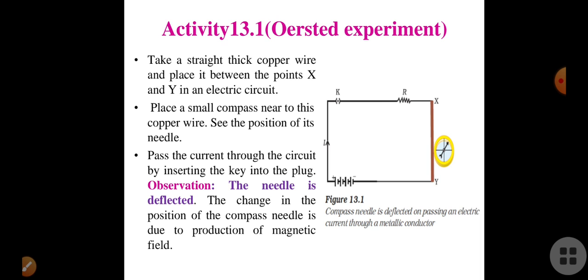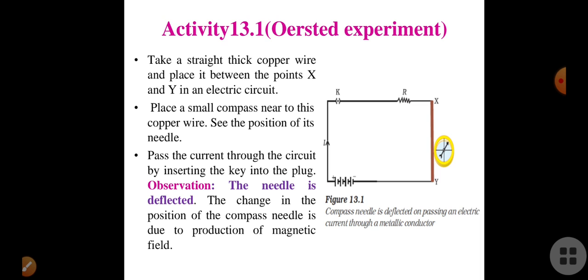So let us read. Take a straight thick copper wire and place it between points X and Y in an electric circuit. Place a small compass near this copper wire. See the position of its needle. Pass the current through the circuit by inserting the key into the plug.